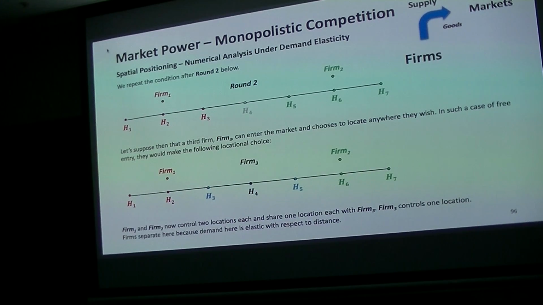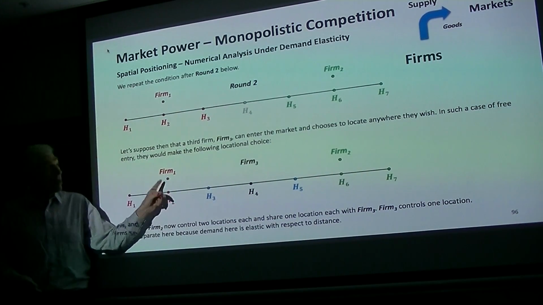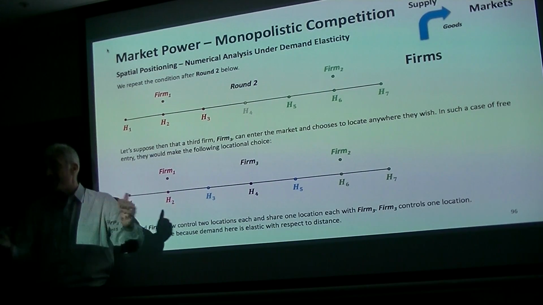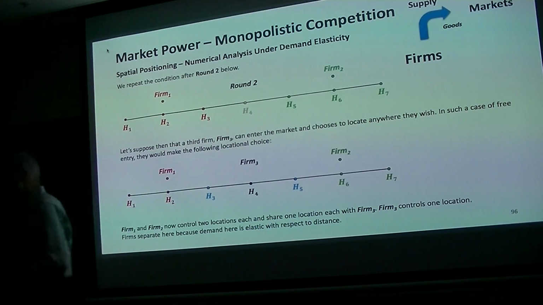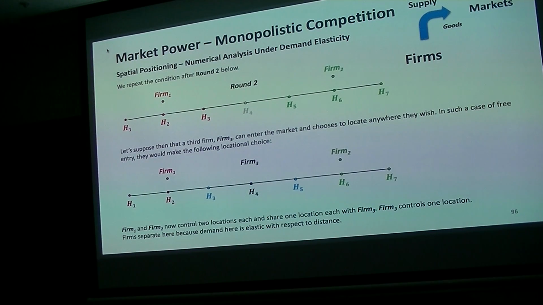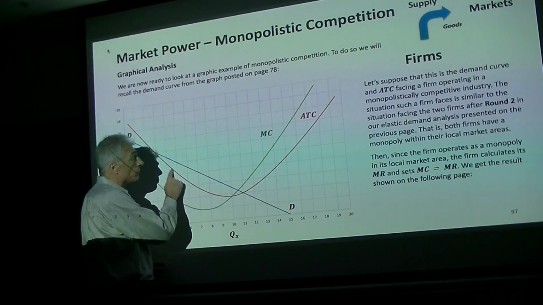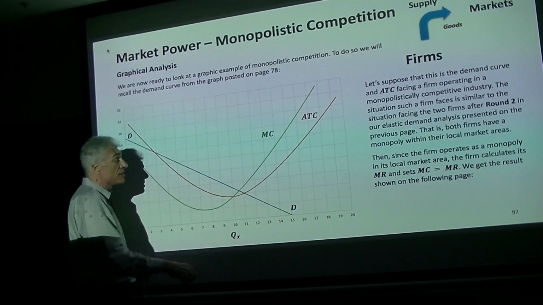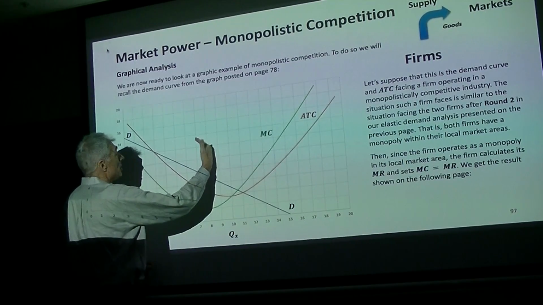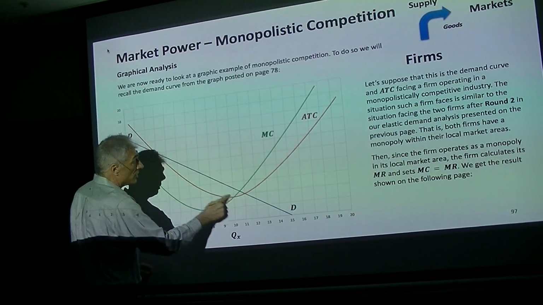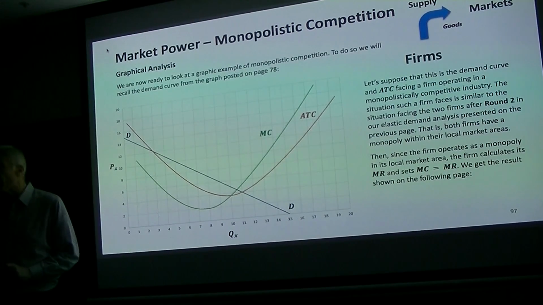Firm 3 comes in, and firm 1 and firm 2's market territory shrinks. What it means is that the demand curve that the firm faces is shifting to the left. So if we go here, firm 1 and firm 2 have plenty of space, but firm 3 comes in, and it's going to shift that demand curve to the left. So that's what firms can do.